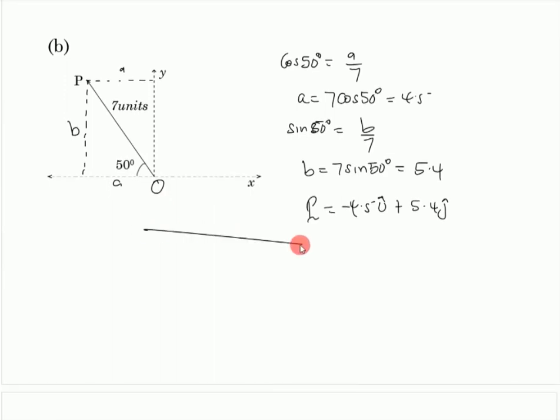I can take care of that by doing this. When I want to resolve the value of the force OP along the positive x-axis, I say that a is equal to 7 times the cosine of the angle between the intended direction and the vector. So this time the angle we are dealing with is that one here, because I'm resolving along this.